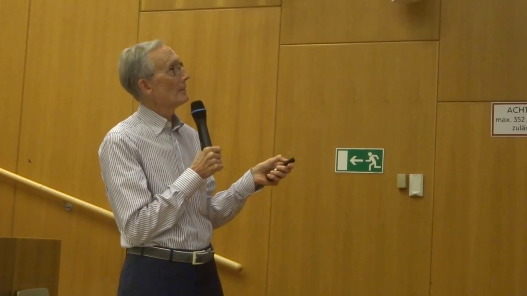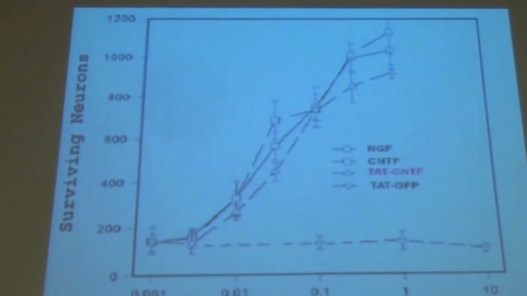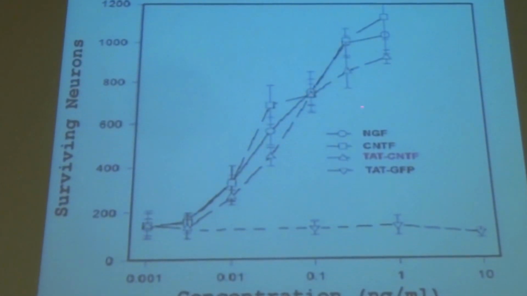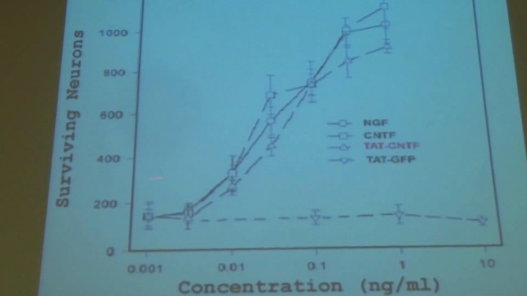Like I said, control NGF produces a very nice neurite outgrowth. This is recombinant human CNTF. This is the TAT-CNTF protein. So it does not lose biological activity. In fact, if you titrate it, the TAT-CNTF fusion protein is as potent as recombinant human CNTF and NGF.